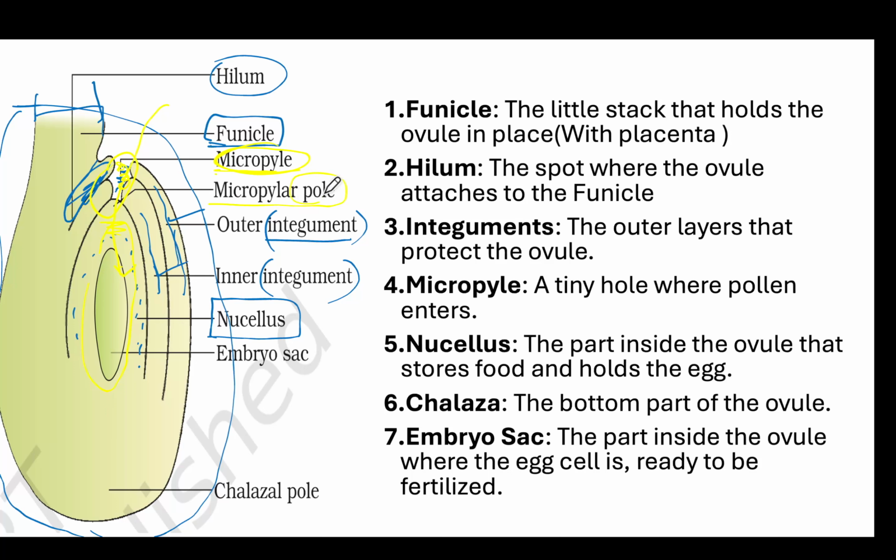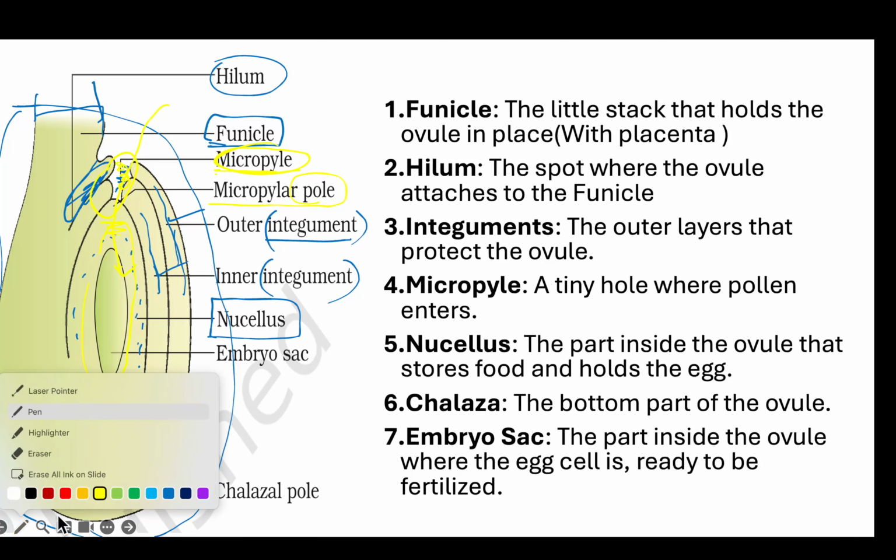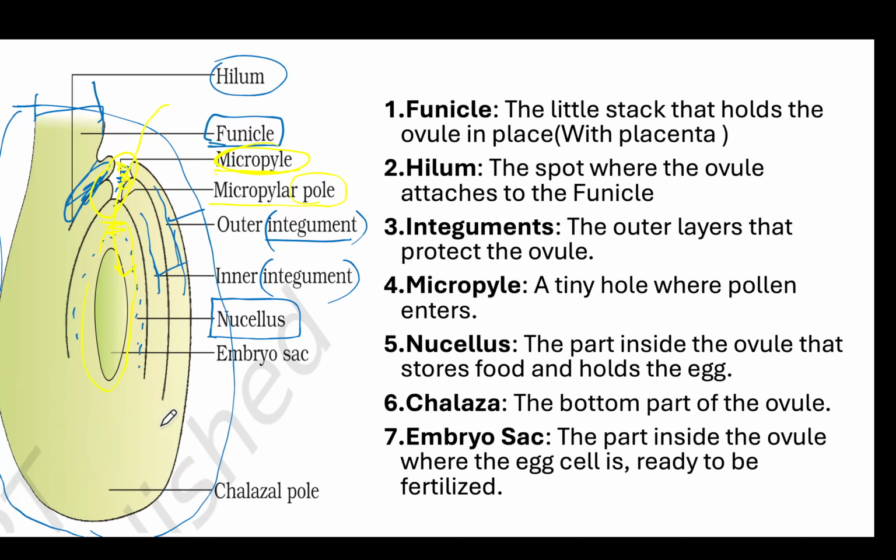Micropylar pole. There are two poles. The upper pole where the micropyle is present is known as the micropylar end. Clear? This upper end where the micropyle is present is known as the micropylar pole or micropylar end.